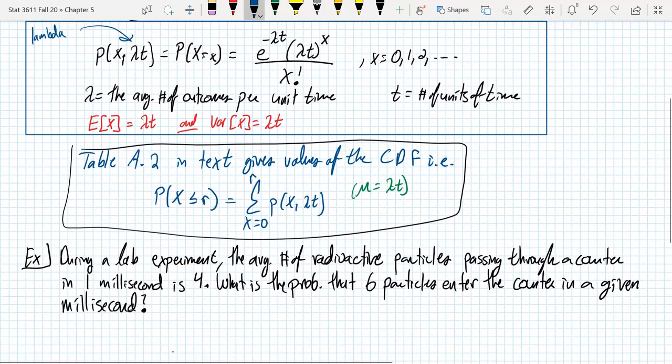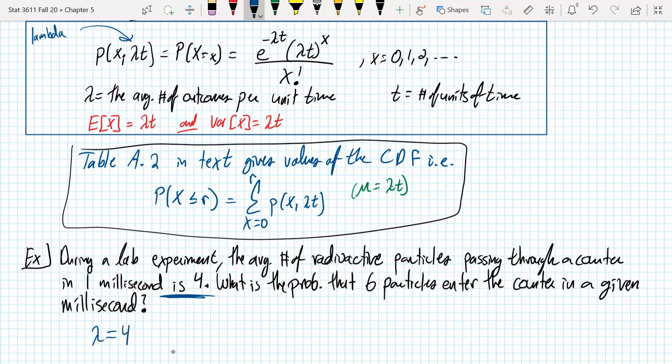All right, we're looking for exactly 6, so we can use our Poisson distribution that we have in the top box there. What we need to know is what lambda is and what t is. Lambda is the average number of outcomes per unit time. It says that the average number of particles passing through the counter in 1 millisecond is 4, so it is 4 per millisecond.